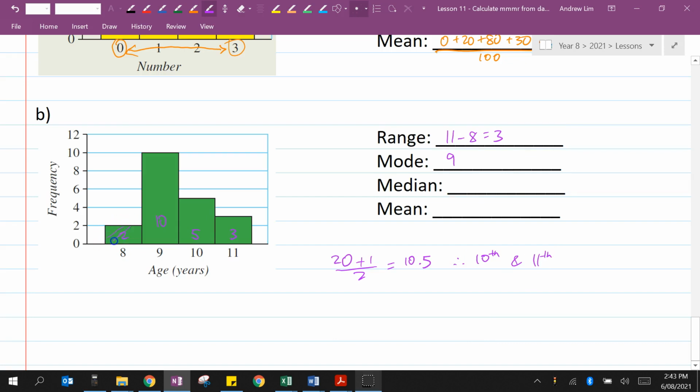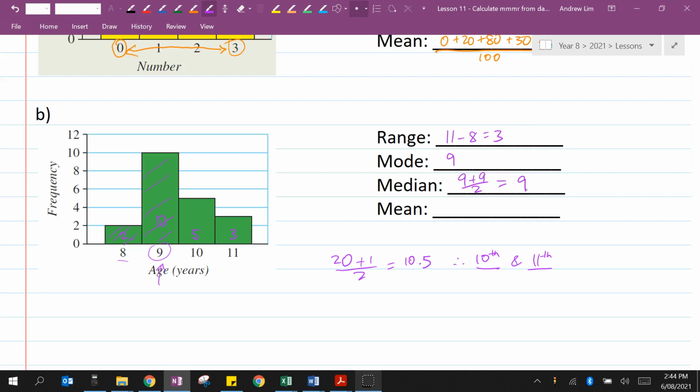Well, the first 2 people are 8 years old. The next 10, they are all 9 years old. Well, altogether that's 12 people. That means the 10th and the 11th person must both be 9 years old. So the median has to be 9 plus 9 divided by 2, which is just 9. Okay, so the middle score is 9.